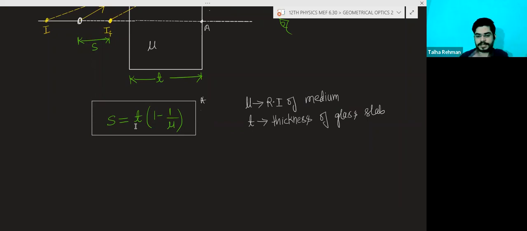Now there are a few points that I want to write here. Some important points regarding this glass slab.